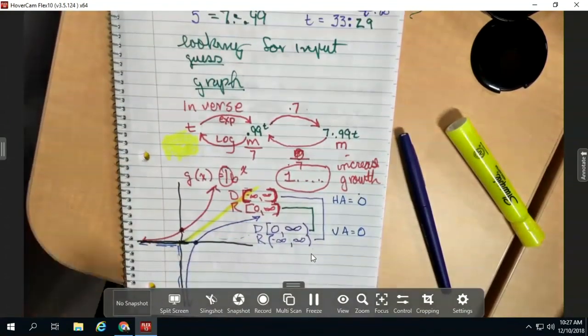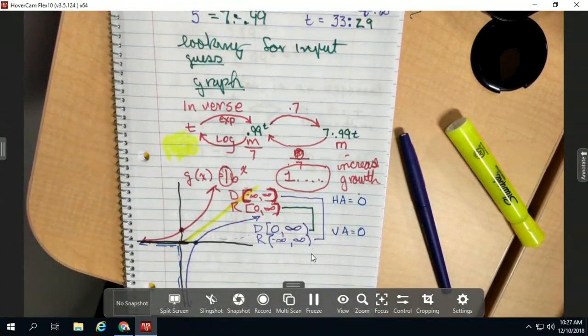So back here, when we were going through inverses, we got to this part right here where we had m over 7. We're going to find the log of that. Well, what's the base of the log? The base is the same as the number that we had before.